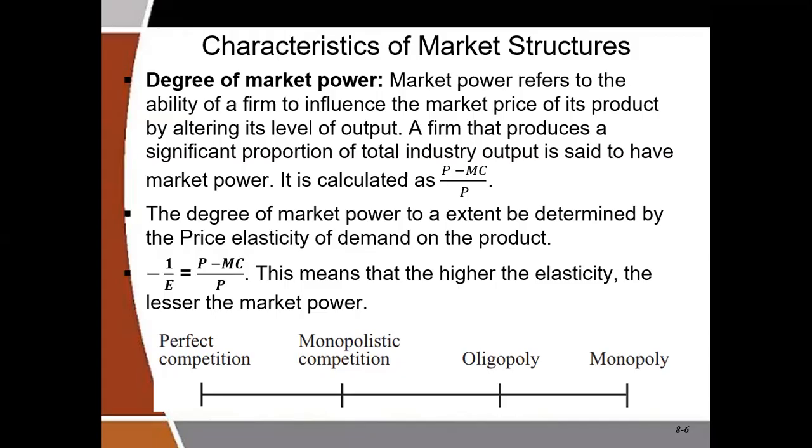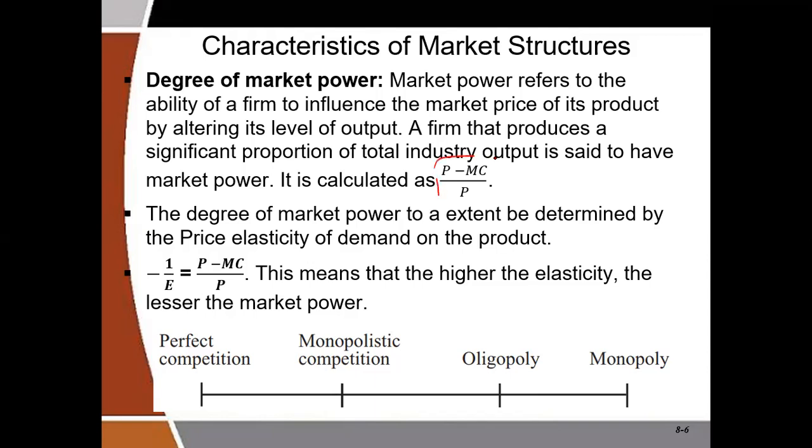That means that if you are a firm and you are able to set your price far above your marginal cost, somebody will be wondering, why am I talking about marginal cost? I'm talking about marginal cost because in economics, we do marginal analysis. So even in cost, it's best to look at it from the marginal point of view. So here, if a firm is able to set its price high above its marginal cost, what it means is that the firm will be able to get so much profit. All right. So Lerner deduced this index as a measure of market power.